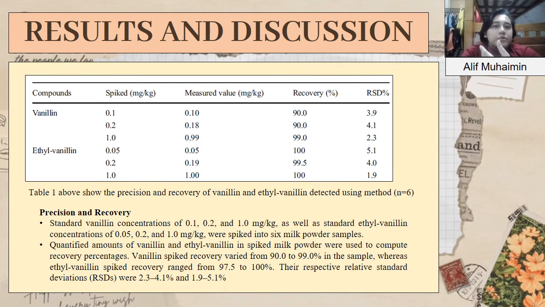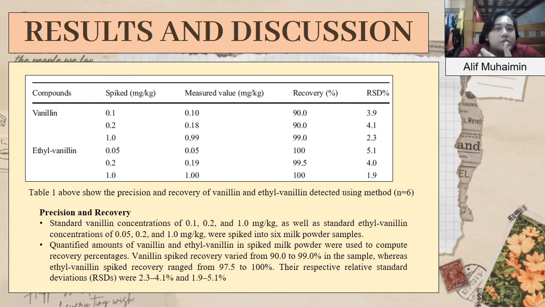Next I will talk about precision and recovery. Table 1 shows the precision and recovery of vanillin and ethyl vanillin detected using method N6. Standard vanillin concentrations of 0.1, 0.2 and 1.0 mg/kg, as well as standard ethyl vanillin concentrations of 0.05, 0.2 and 1.0 mg/kg, were spiked into 6 milk powder samples, 1 gram each, that were devoid of vanillin and ethyl vanillin.